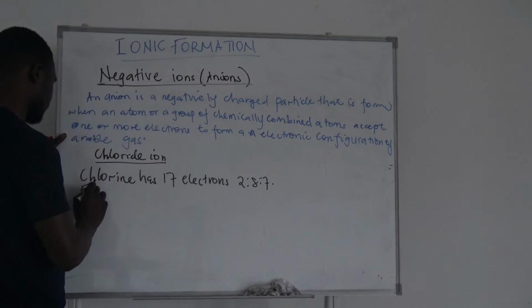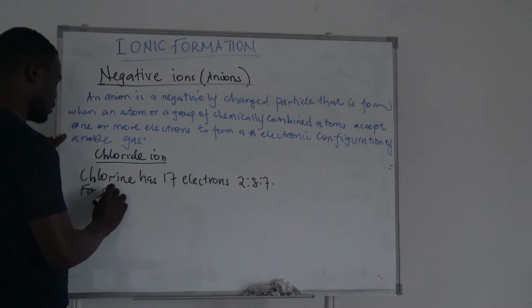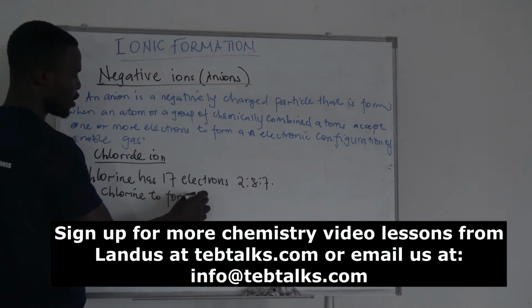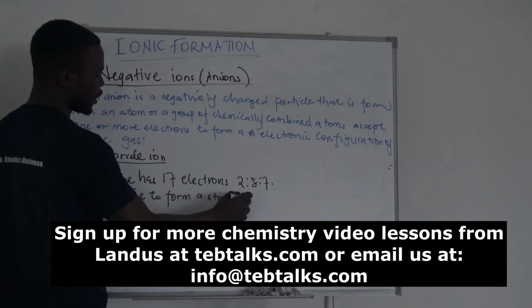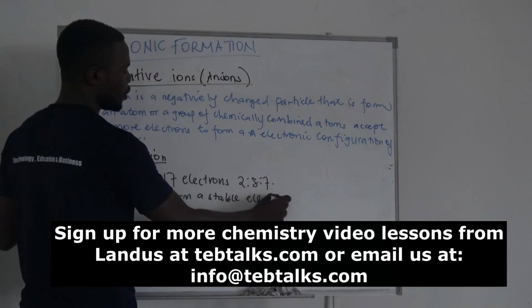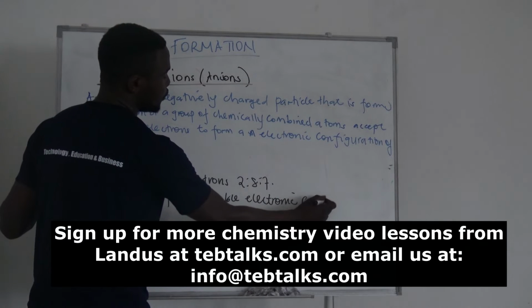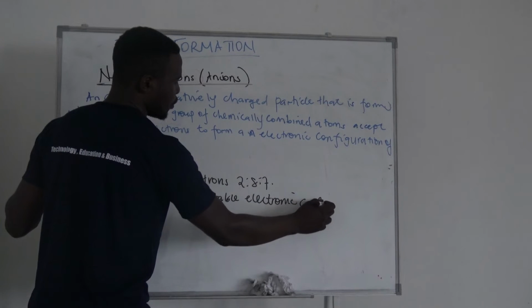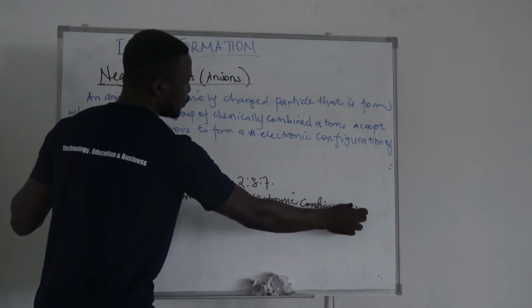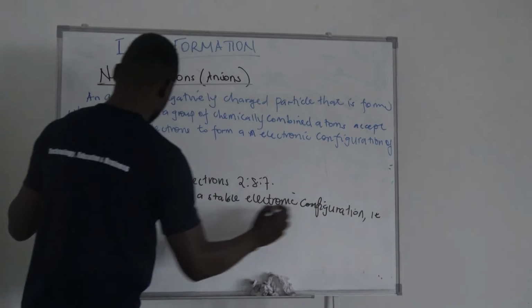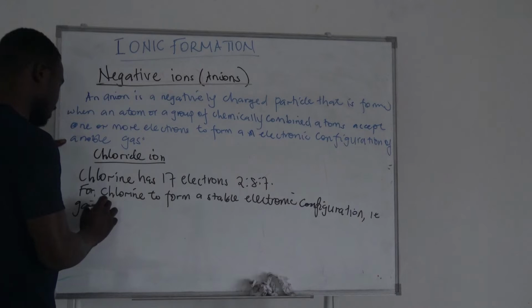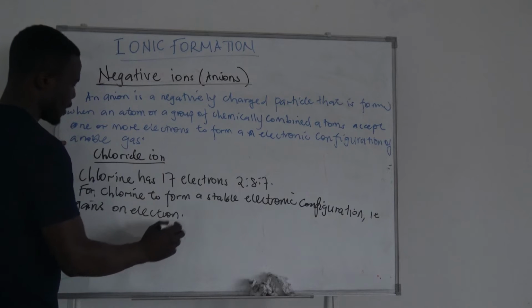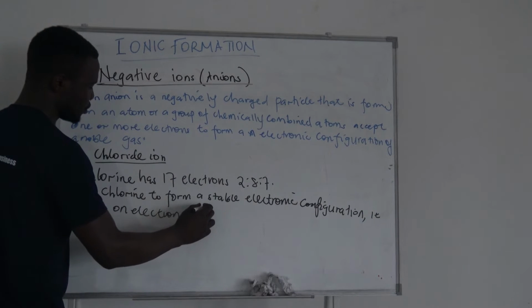Now, for chlorine to form a stable electronic configuration, it gains one electron such that the electronic configuration looks like 2, 8, 8.